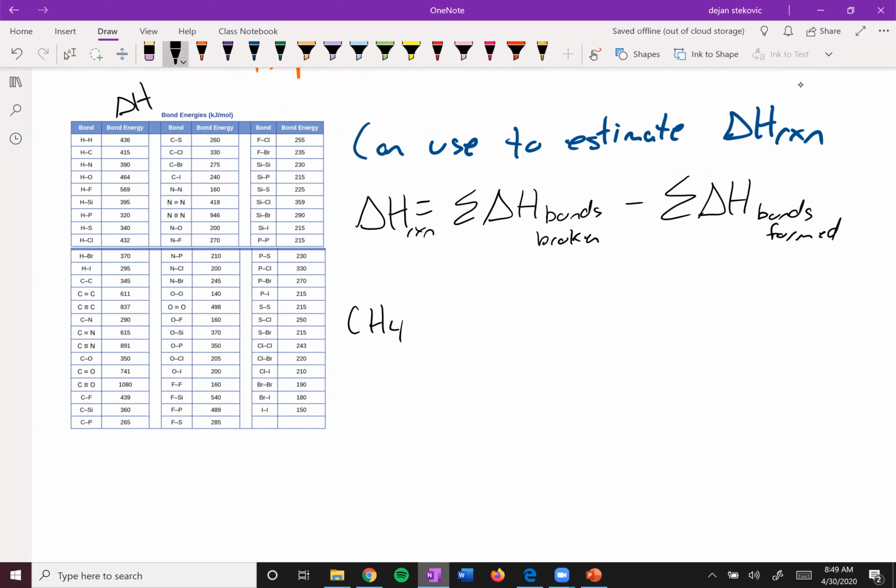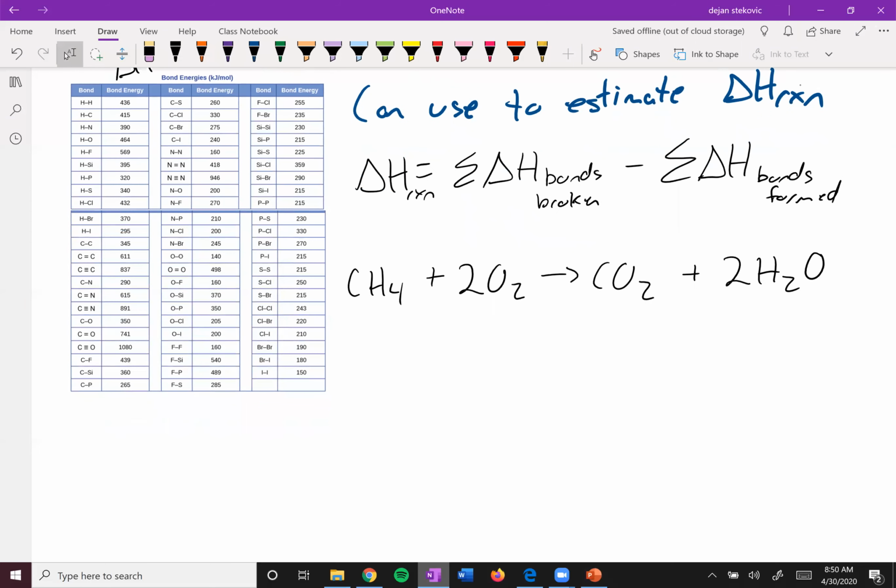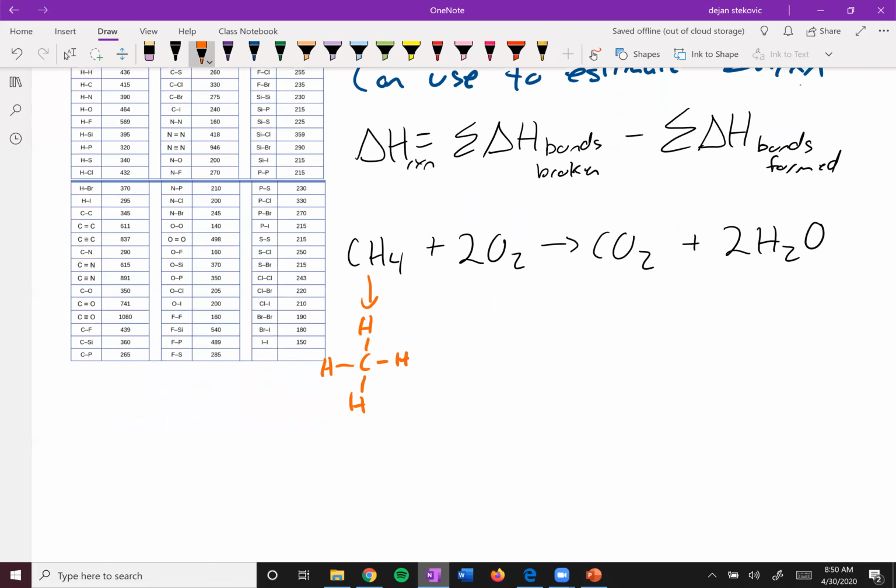CH4 plus 2O2 going to CO2 plus 2H2O. So the combustion of methane. Let's take a look at this. You have to think about what your Lewis structures look like. So CH4, if you were to draw this Lewis structure, it would look like that. And so we're going to break all of these bonds.